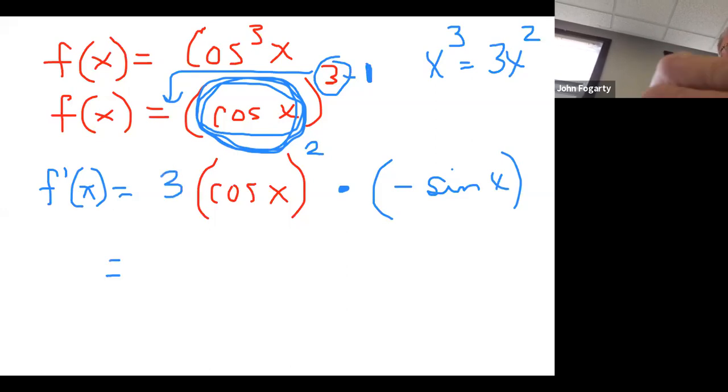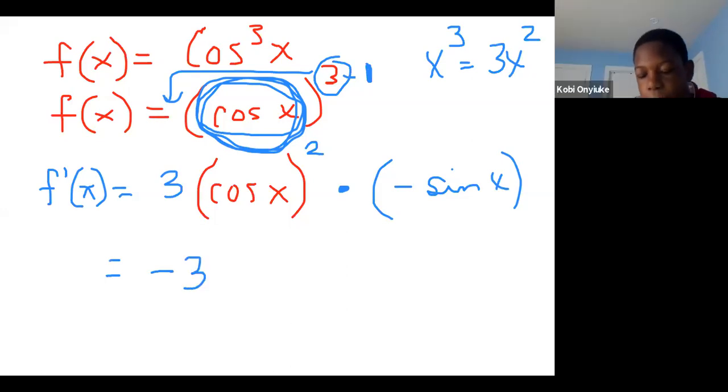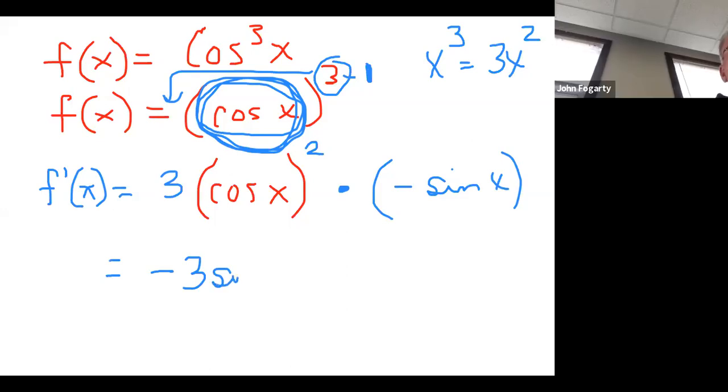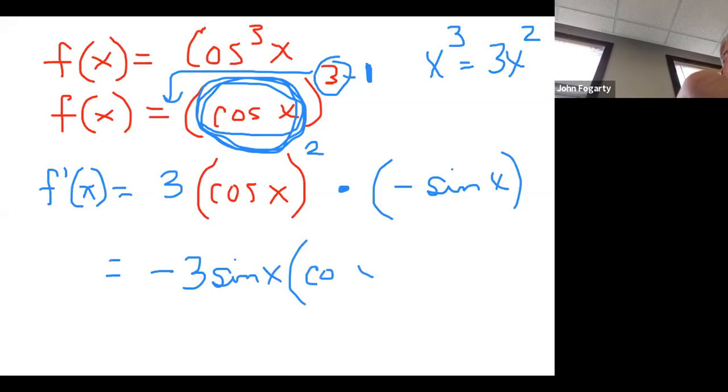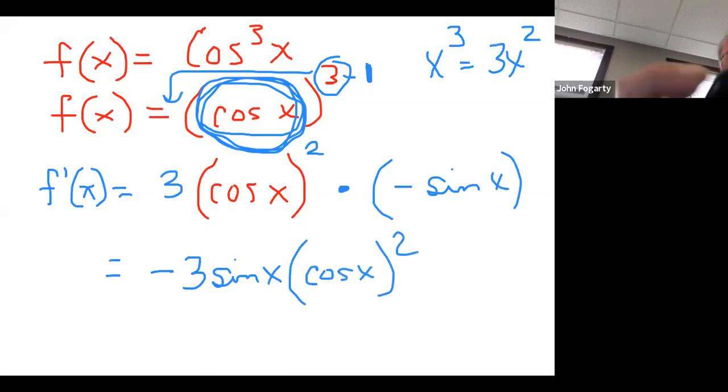Go ahead. Negative times a positive? Negative, right? Negative 3 sine of x times the cosine of x squared. Or you can put the 2 there, cosine squared of x, right? This and this are the same thing.